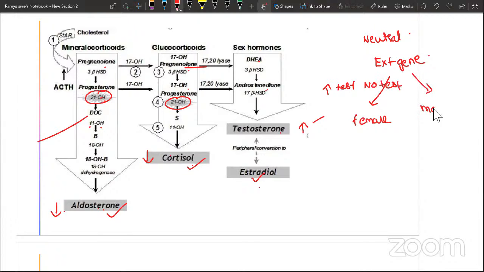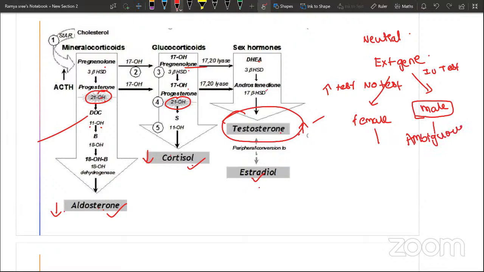External genitalia will become male if there is intrauterine testosterone. Here, there is intrauterine testosterone, that too at increased levels. That's why external genitalia is becoming partially like a male. It's neither like a female nor like a male. That's why we call it ambiguous genitalia.